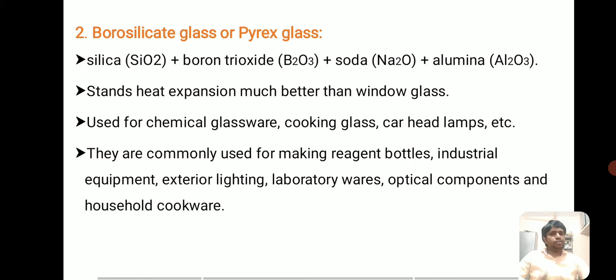And this glass is used for chemical glasswares, cooking glass, car head lamps, etc. These are commonly used for making reagent bottles for laboratory purposes, and industrial equipment, exterior lighting, laboratory wares, optical components, and household cookware.